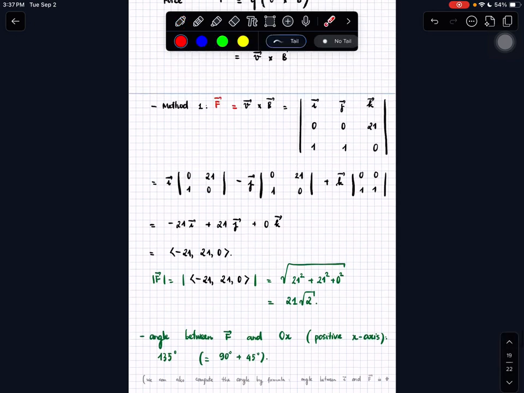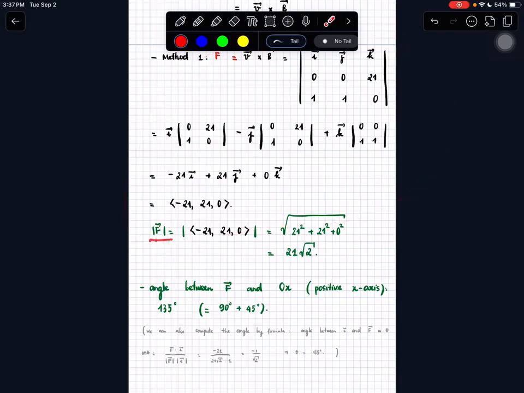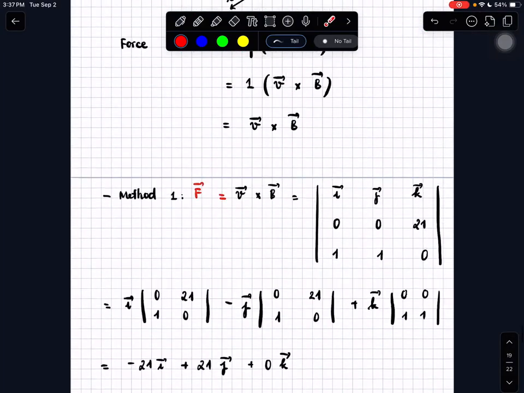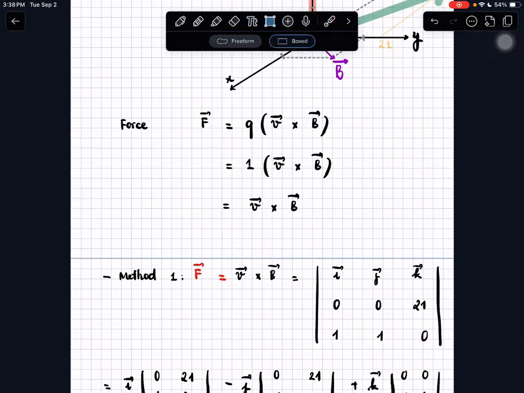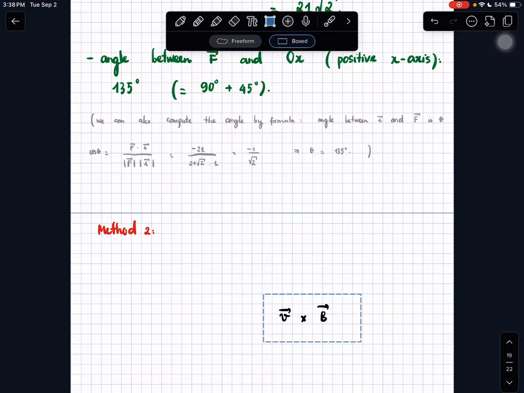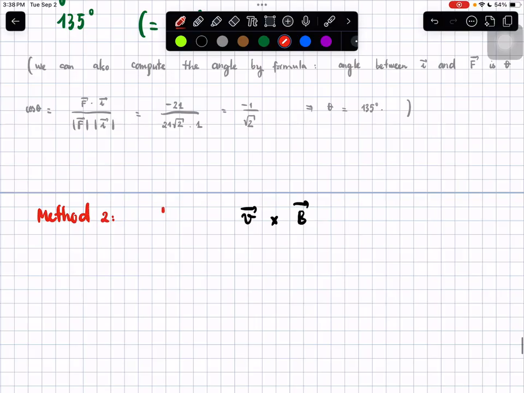In case we don't want to use this formula, we can also compute the magnitude of F using the cross product. The magnitude of F is the magnitude of V cross B, which is magnitude of V times magnitude of B times the sine of the angle.